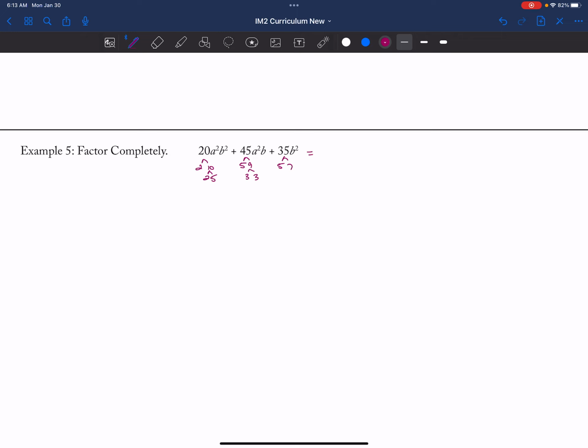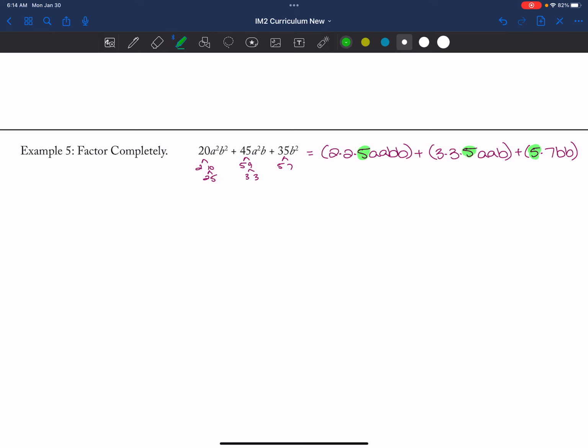Okay, so now I have 2 times 2 times 5, a times a, b times b, plus 3 times 3 times 5, a times a, b, and then plus 5 times 7, b times b. Okay, so what do I have in common? Not everybody has a 2. Yes, everybody has a 5. Not everybody has a 3, and not everybody has a 7.